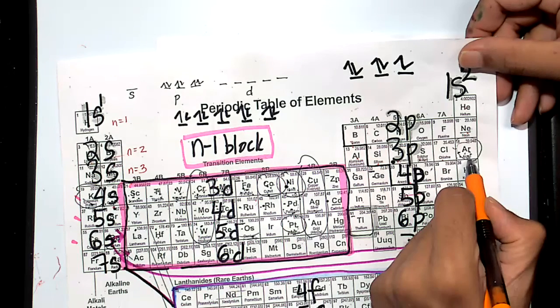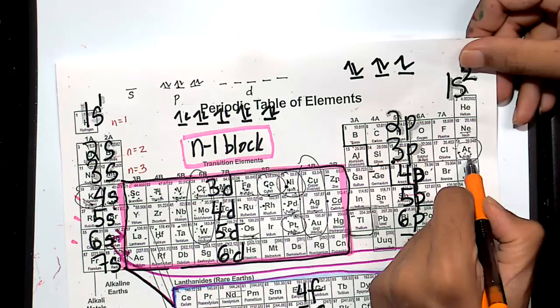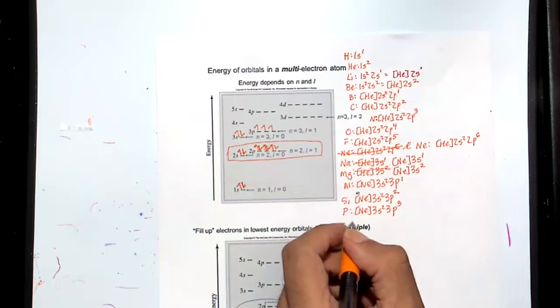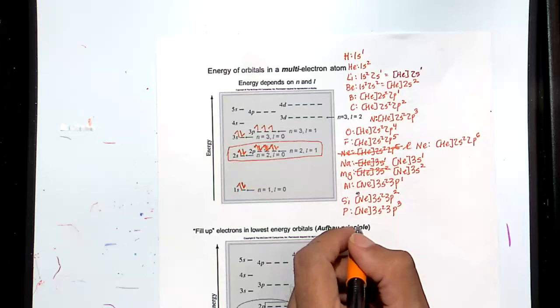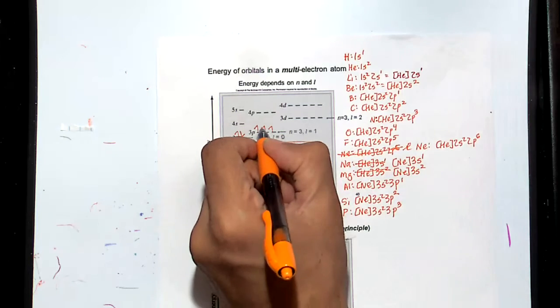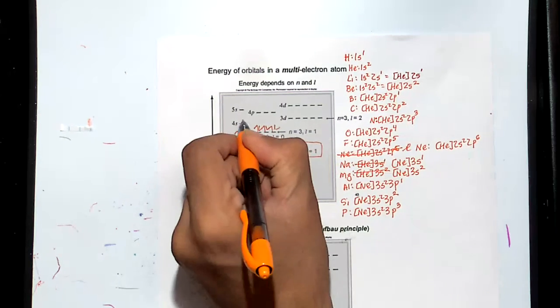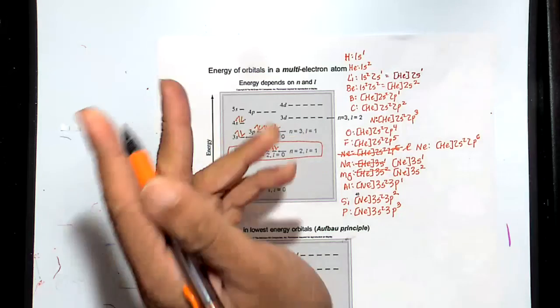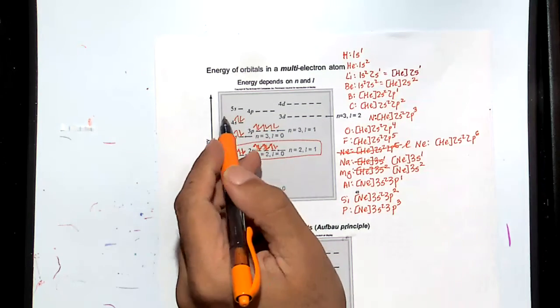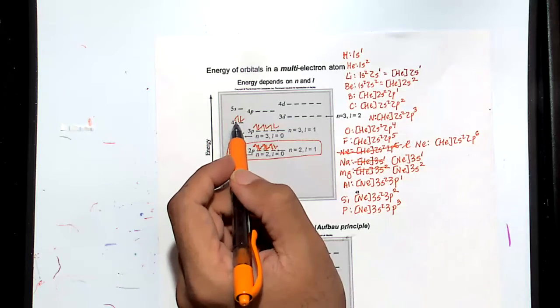Argon will have a completely filled 3 shell. So now we're going to do 4s. Okay, this is where I want to get to you guys. I filled up the 4s.